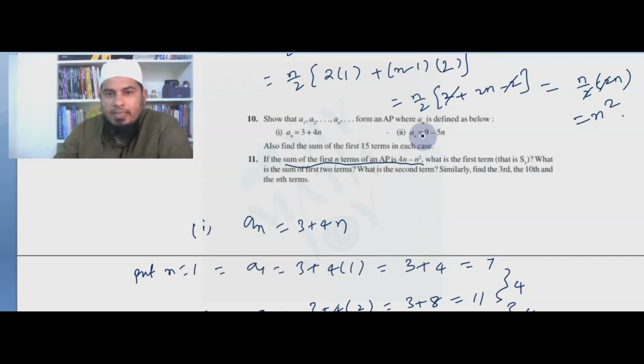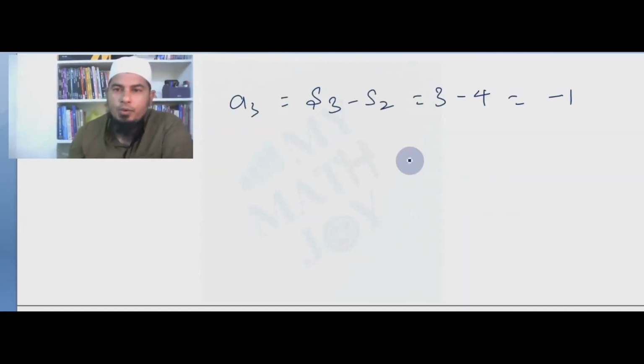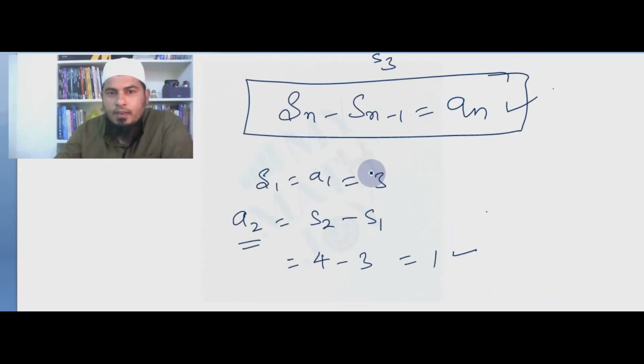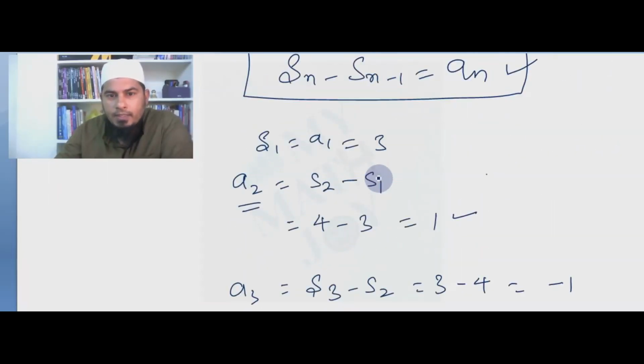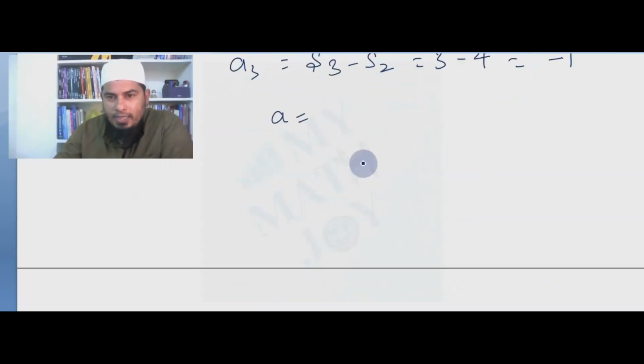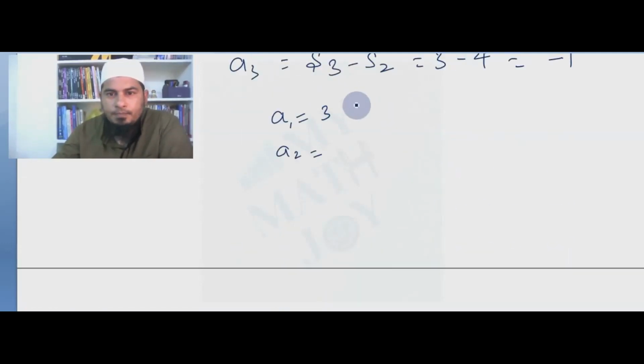Then the 10th term and 9th term. If he wants the 10th term, from here we don't use that. A1 is 3, A2 is 1.